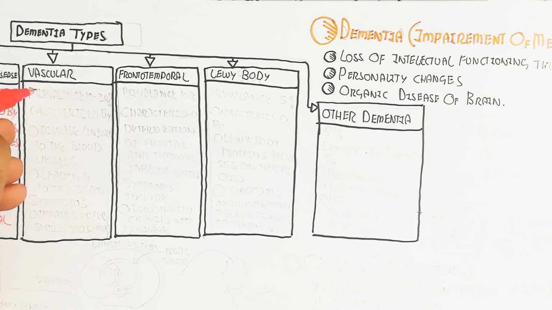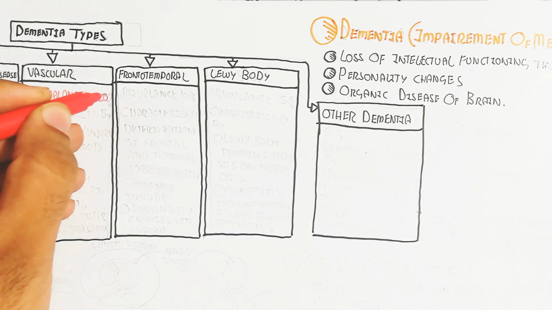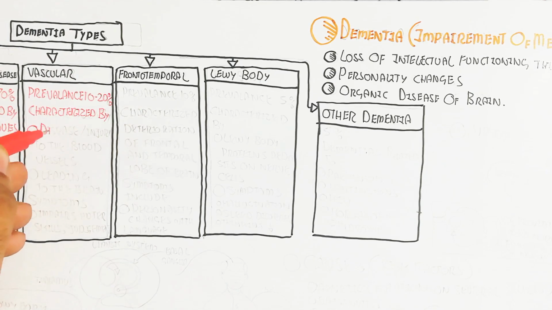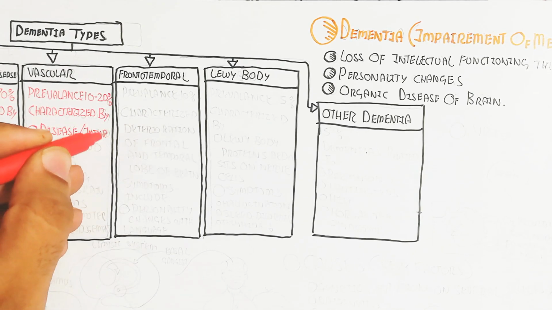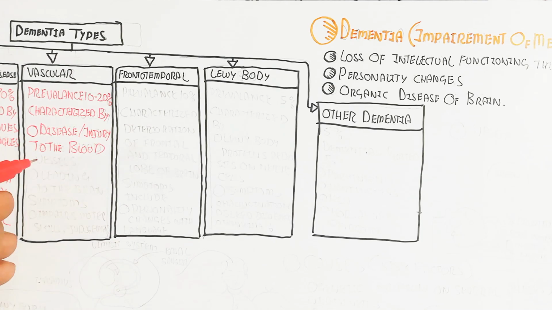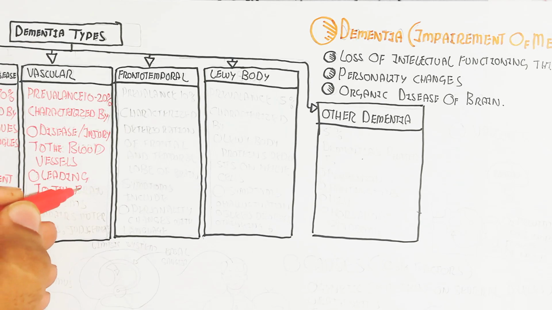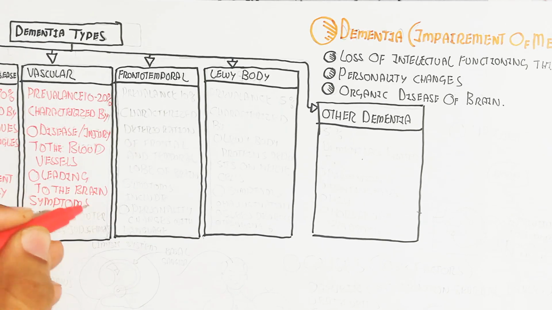Vascular dementia has a prevalence of 20% and is characterized by disease or injury to the blood vessels. A lot of things are involved in vascular dementia, leading to brain symptoms and impaired motor skills and judgment.